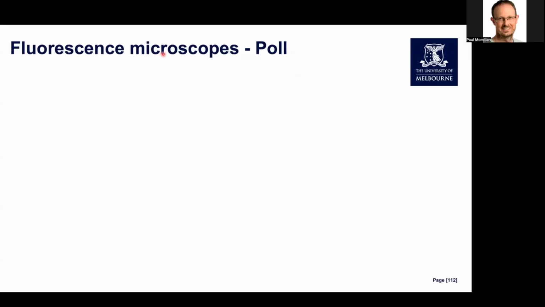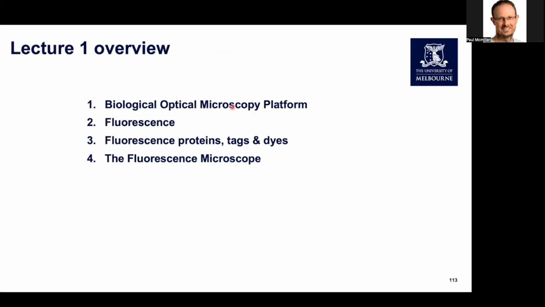All right, so hopefully you guys found that interesting. So just to go back through what we have covered so far. We gave a brief overview of the Blanc platform. We've covered fluorescence, fluorescent proteins, tags and dyes. And we've covered the structure of both a fluorescence microscope and a confocal microscope.